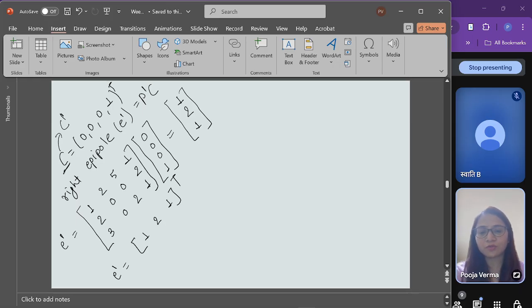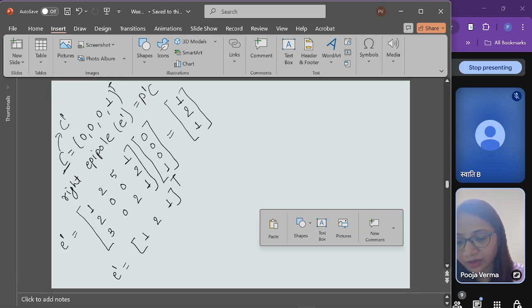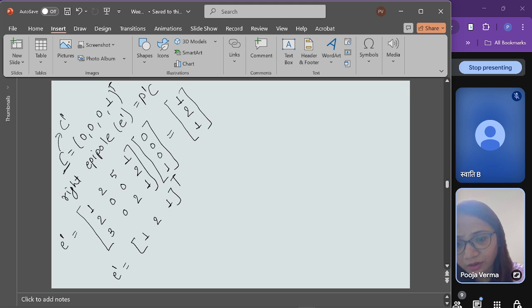Next, we need to check the fundamental matrix. So how can we calculate the fundamental matrix? Now we have to compute the fundamental matrix. We already know the fundamental matrix can be calculated by a formula. Does anyone of you know the formula to calculate the fundamental matrix F?